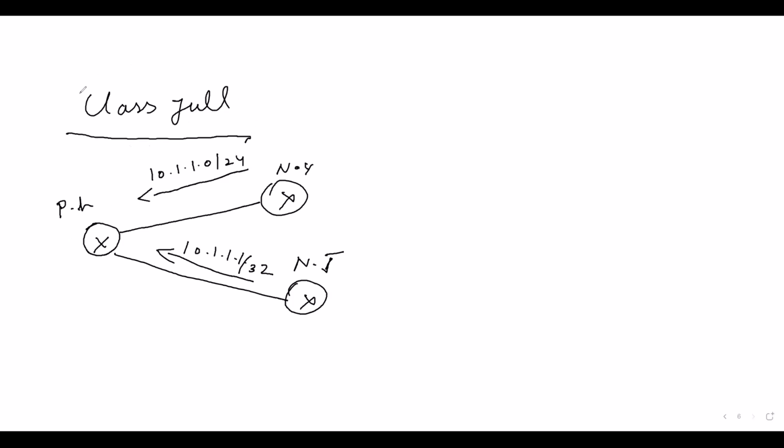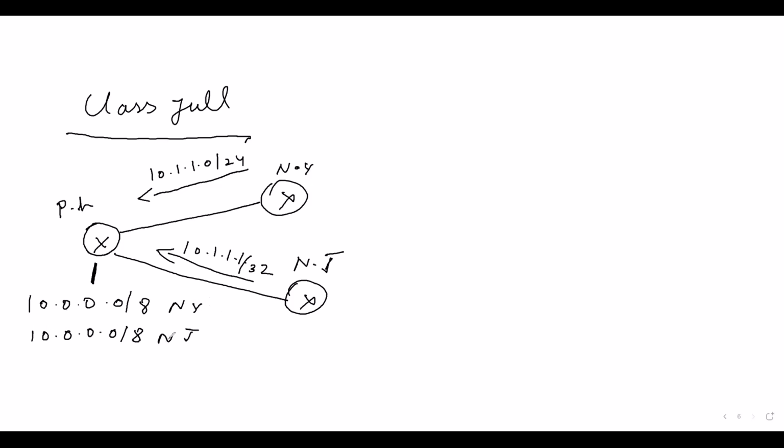So what will happen by default when this information comes into the Philadelphia router? Automatically it will convert to a /8 value for New York and for New Jersey.